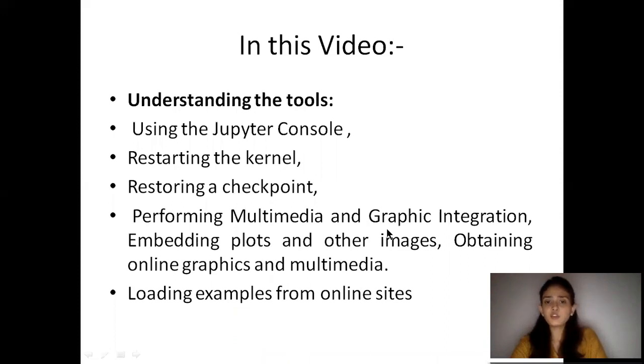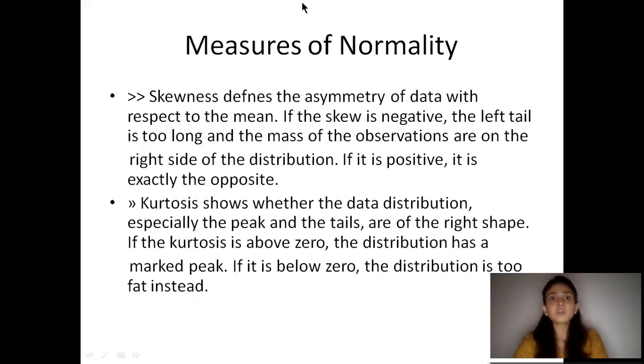Then comes performing multimedia and graphics interaction. We have already seen loading examples from the online site. Next, in the measures of normality, there are two measures: skewness and kurtosis. Skewness defines the asymmetry of the data with respect to the mean. If the skew is negative, the left tail is too long, so we call it left skewed.